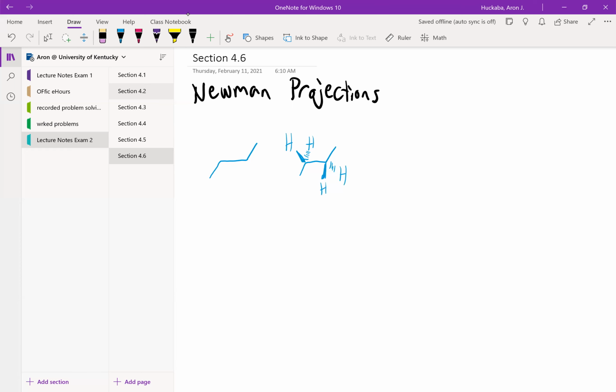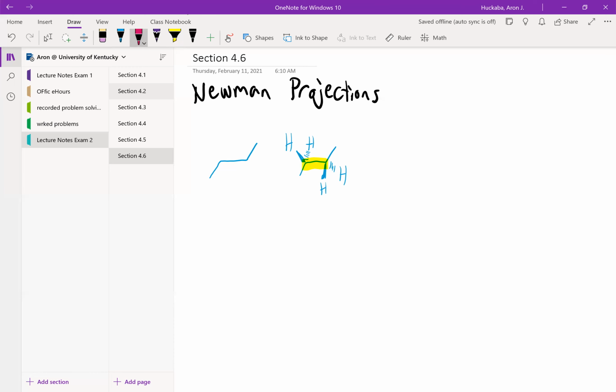And a Newman projection is important because we can take this wedge dash structure, and we can view it along this carbon-carbon bond here, to try and understand the steric issues that impact the conformation of this molecule.